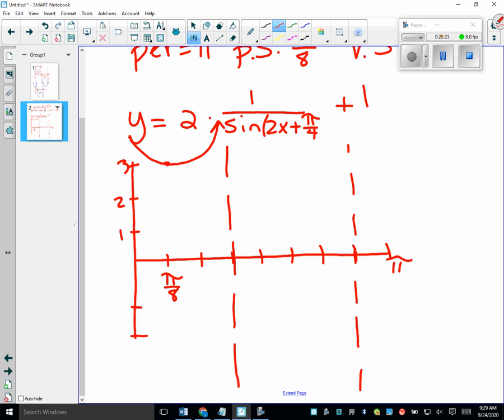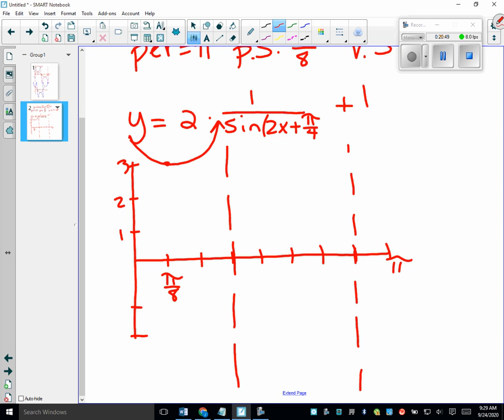Now, somewhere in here I need a value. Well, this is 3 pi over 8, and this is 7 pi over 8. So my point's going to be in the middle.